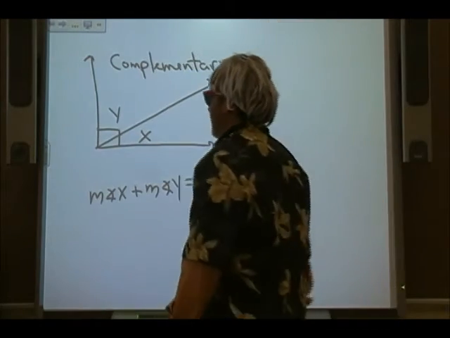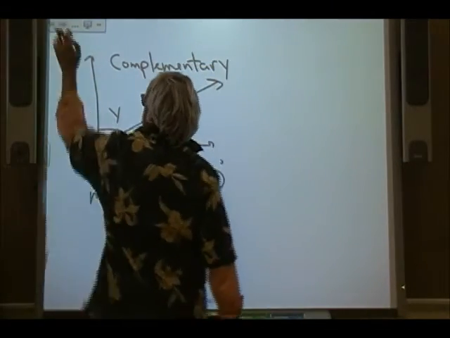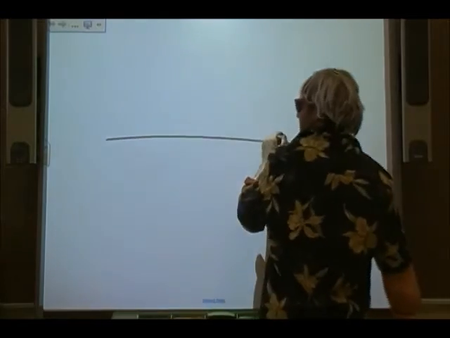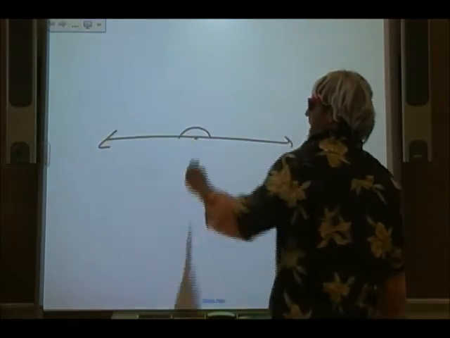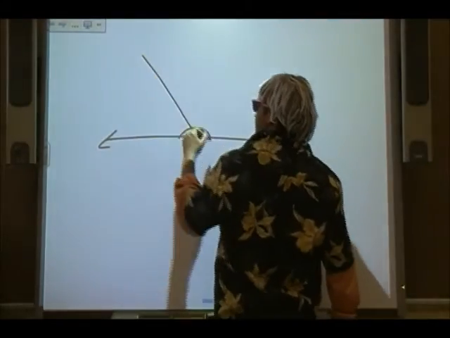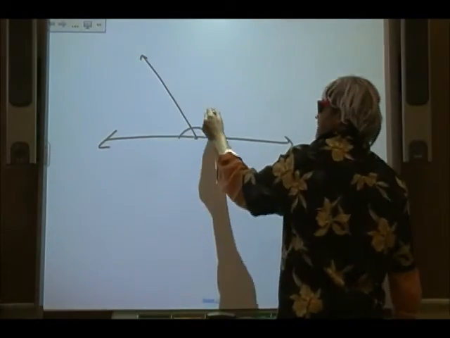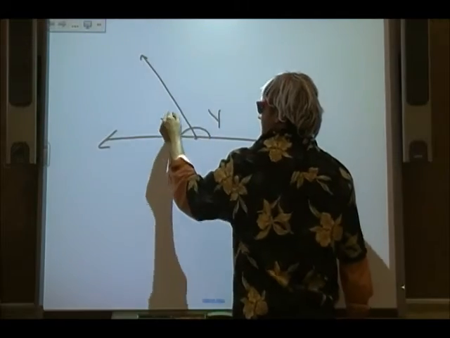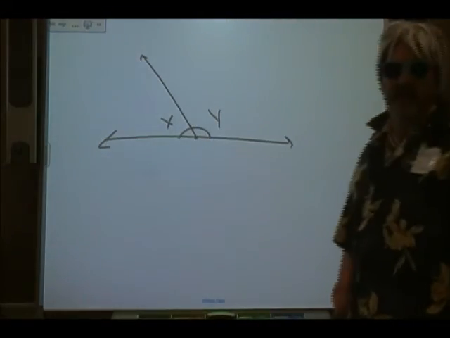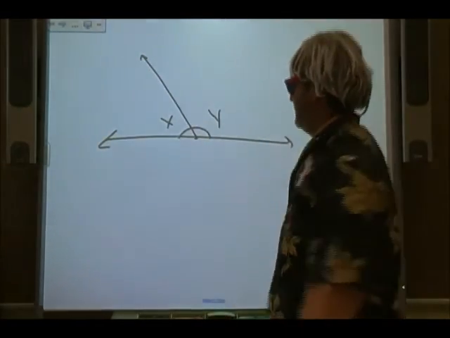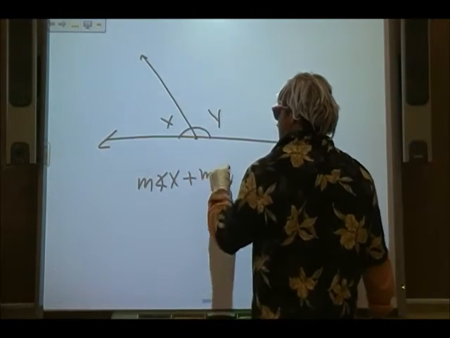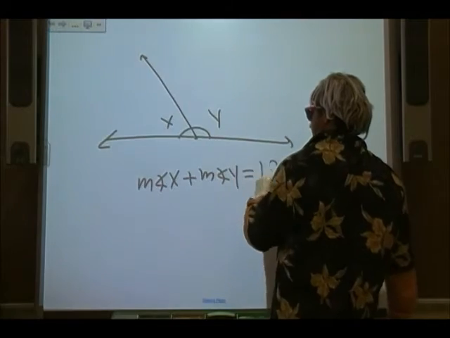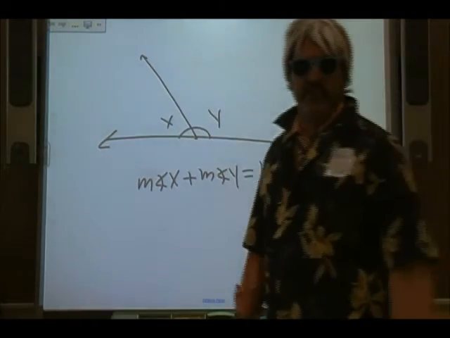And the other one that we have to worry about is if I take a straight angle, put a point, and now I just draw a line like this. We'll call this X and Y. Now, these two angles make 180 degrees.